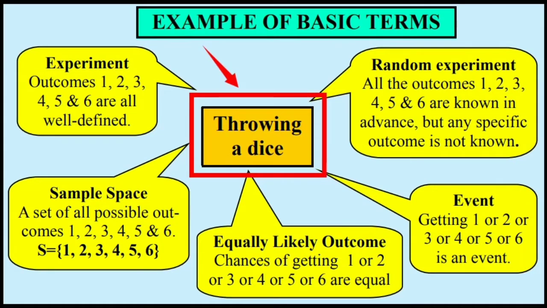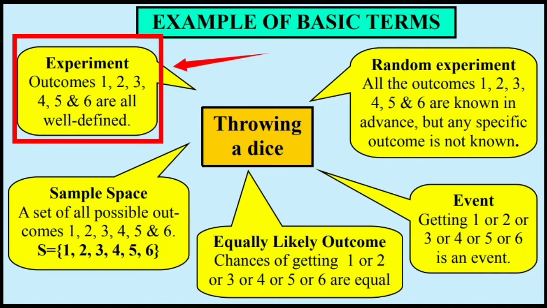The example taken here is throwing a Ludo dice. As we know, the dice has 6 faces, and in each face points are marked as 1, 2, 3, 4, 5 and 6. The first one is experiment. Since the outcomes of a dice, 1, 2, 3, 4, 5 and 6, are all well defined, hence it is an experiment.